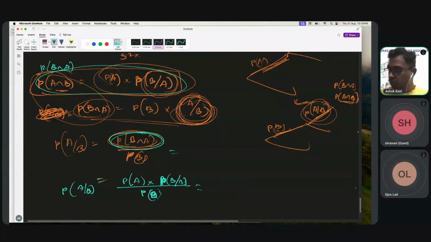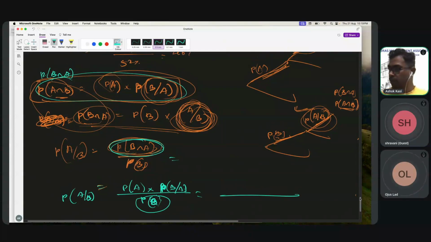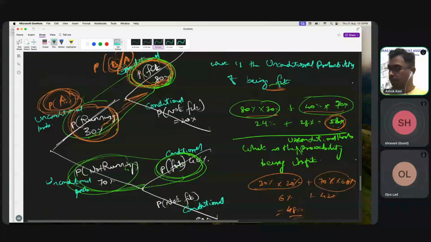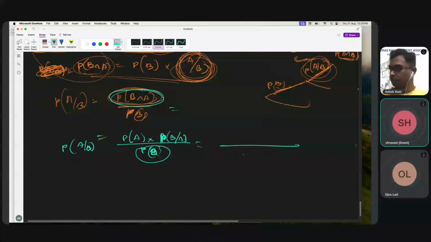So now this is unconditional probability of B. Unconditional probability of B is something that we are getting from here, 52%, which is 80% into 30, plus 40 into 70. And numerator is what?